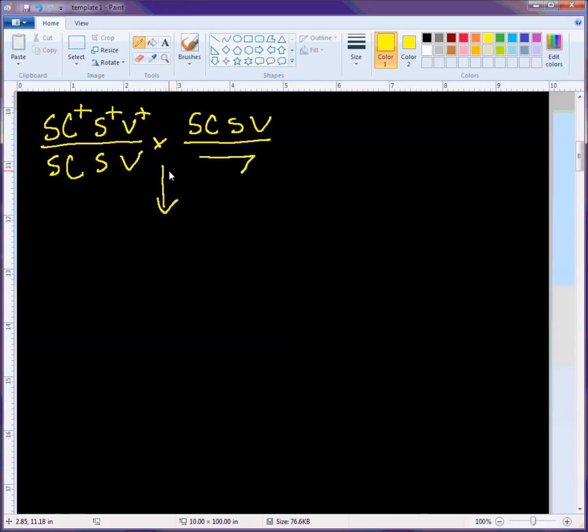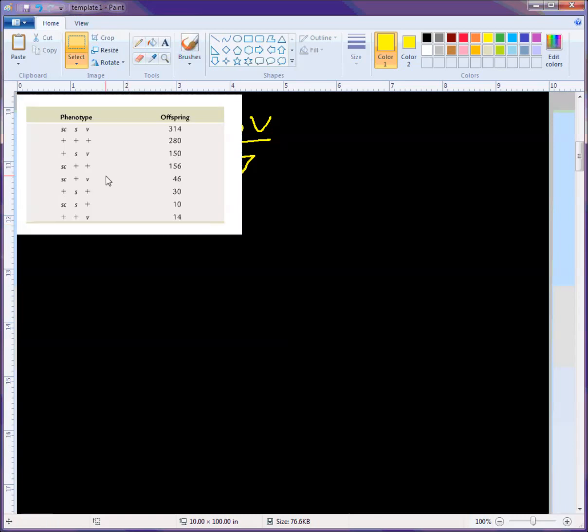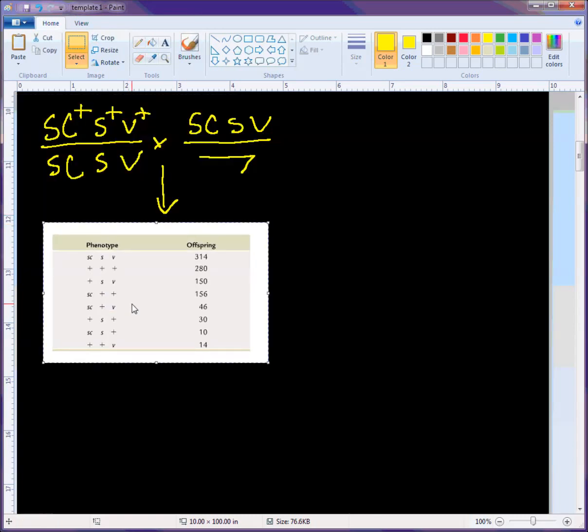In the F2 generation, let's see, oh yes, here it is. And here's the F2 generation. So there are, I think, 1,000 flies here, to check that math in a moment.